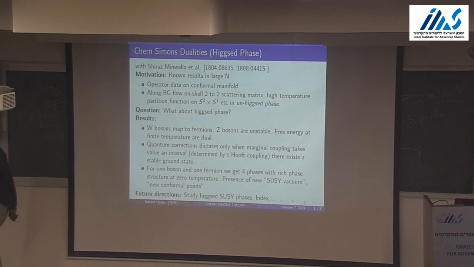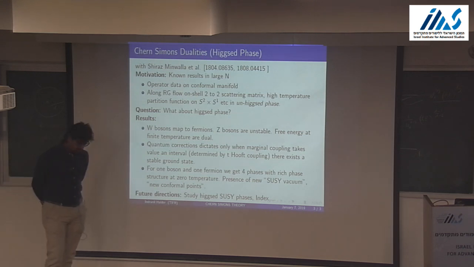We compute the quantum effective potential at large N and to all orders in 't Hooft coupling, and we find that there are new exact zero energy N equal to 1 minima. Now the statement of the presence of supersymmetry is not very accurate, because we don't have an explicit construction of supersymmetry transformations in this phase, but nevertheless these are exact zero energy vacua that we find.